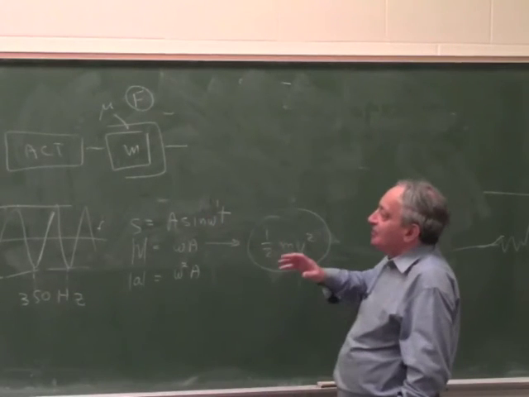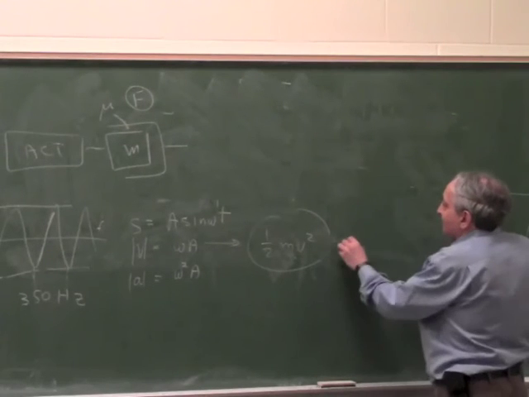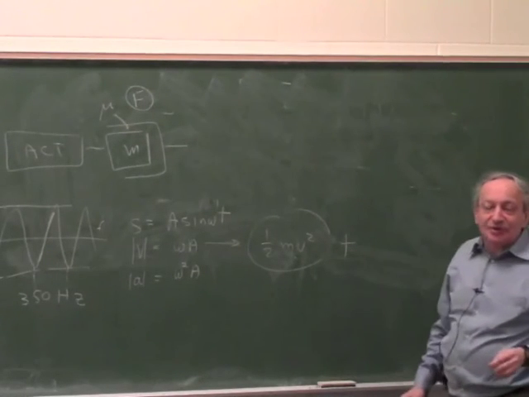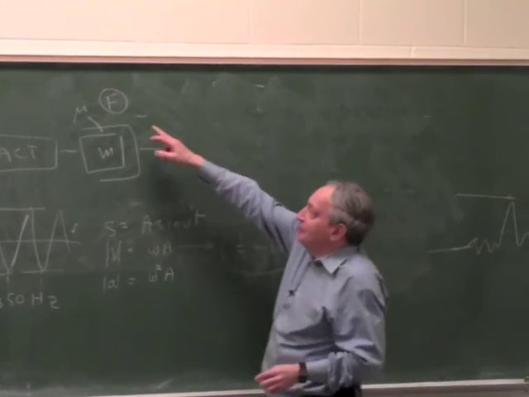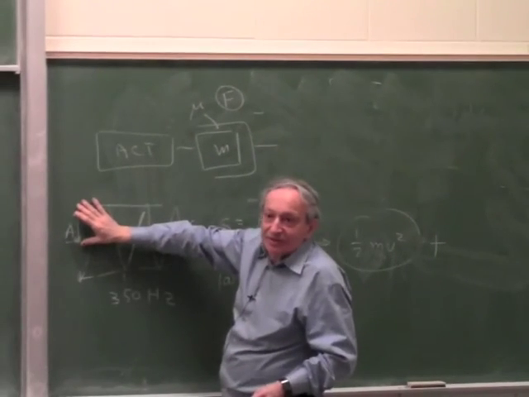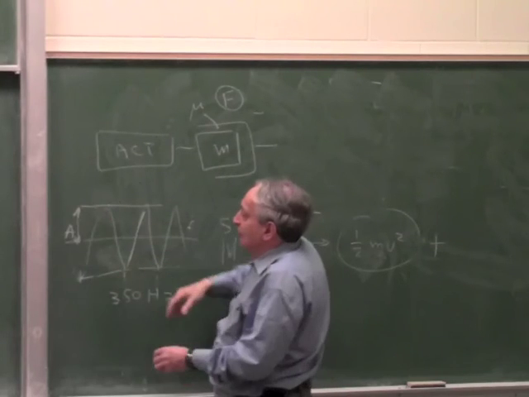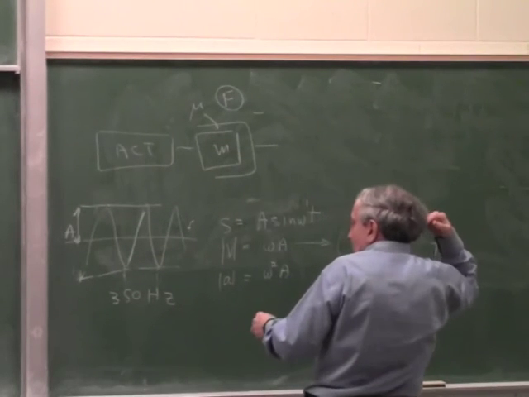You have some energy, which is 1/2 mv squared, plus you have some irrecoverable losses, and the irrecoverable losses is simply you have to oppose a force F for a distance delta x.